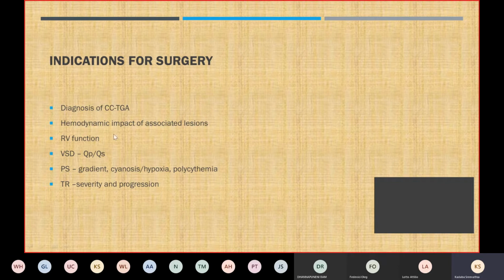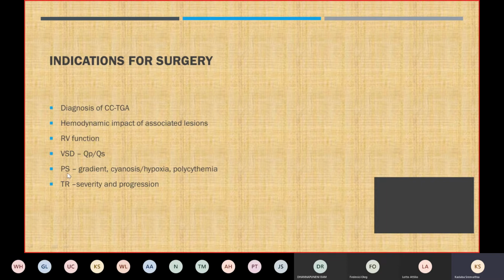Usually now, the hemodynamic impact of the associated lesions is what forms the prime indication for surgery. Right ventricular function that is liable to reduce over a period of time, a right ventricular failure, hence is a prime indication for surgery. If there are associated lesions like a ventricular septal defect, we need to know the flow or the QP:QS. Depending on the significance of the size and site of VSD, we can embark upon surgery.